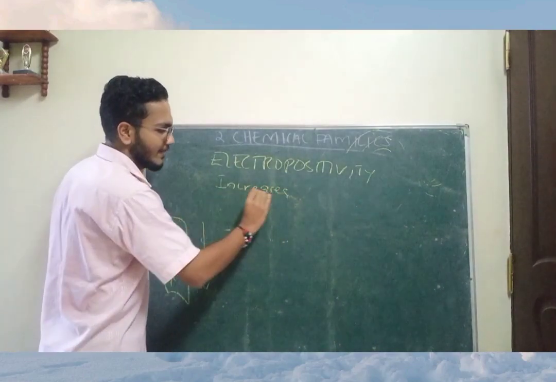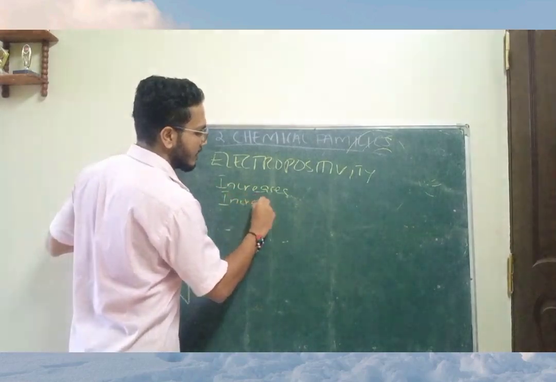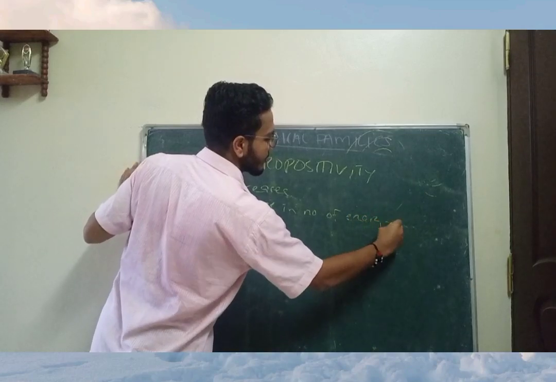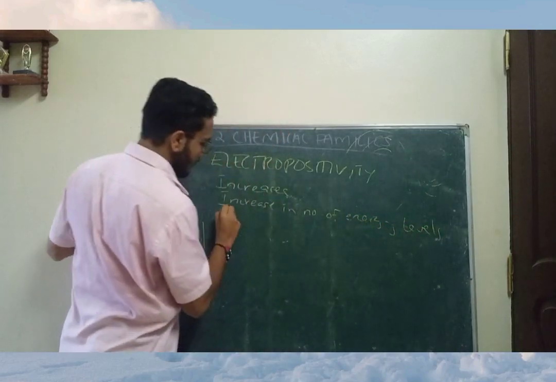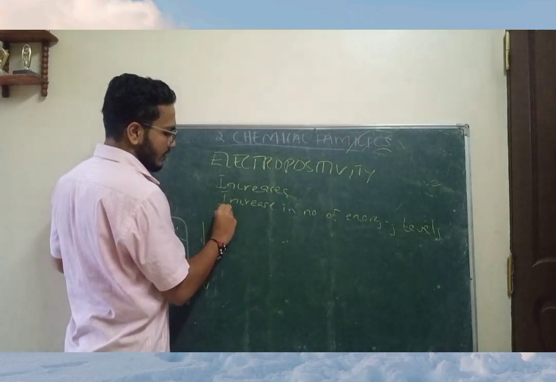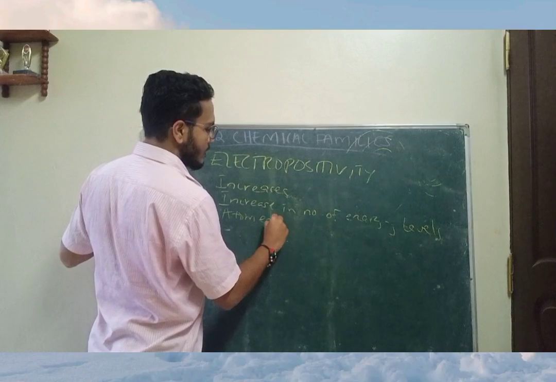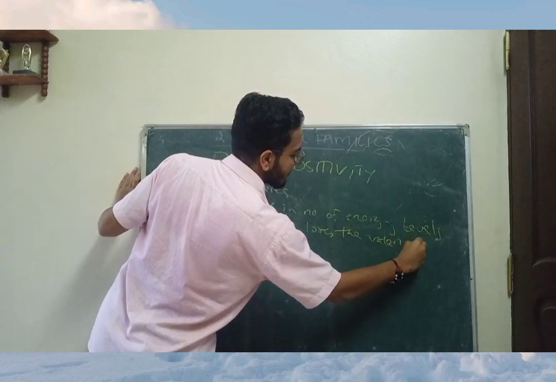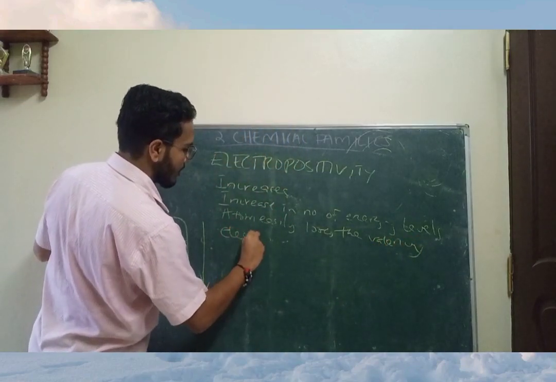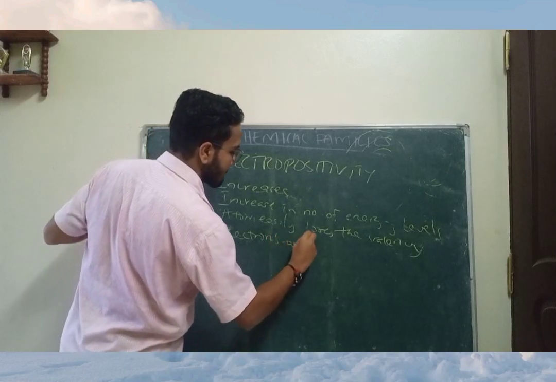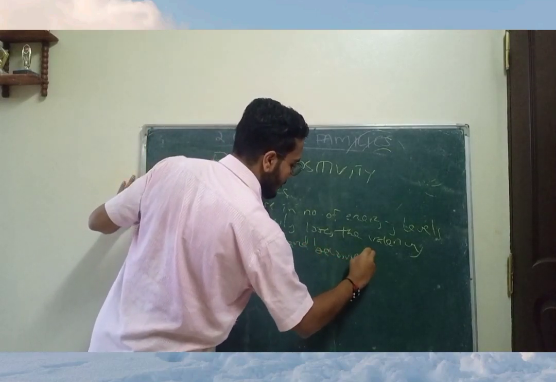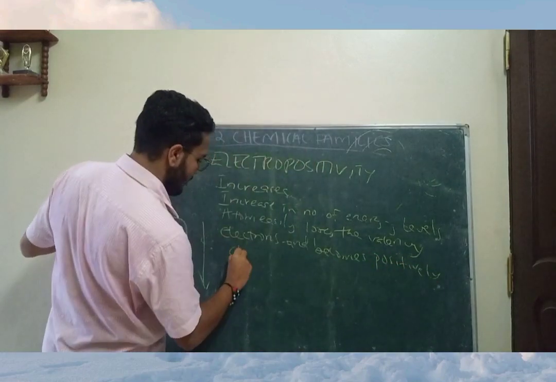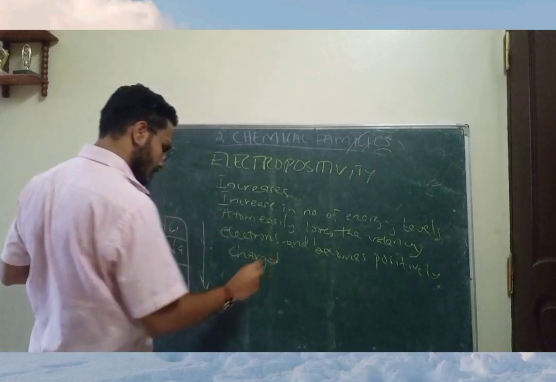Mind my words, I won't be writing everything. Due to an increase in number of energy levels, hence the atom can easily lose the valency electron and becomes positively charged.